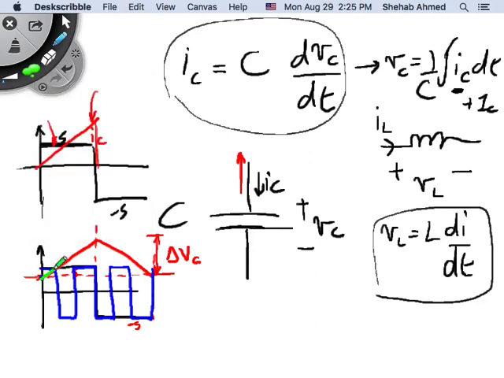I go up here, and then I go down here, up here, down here, up here, down here. So now this is your ripple. This is your delta VC, the new delta VC. So by increasing the frequency of your current waveform in and out of the capacitor, for the same value of capacitor, you were able to decrease ripple. The other way to do it is to increase capacitance.